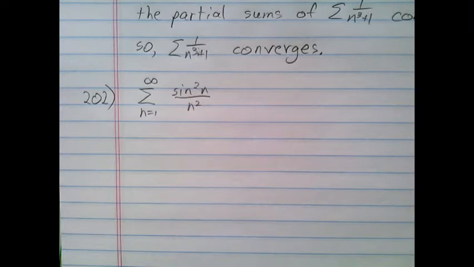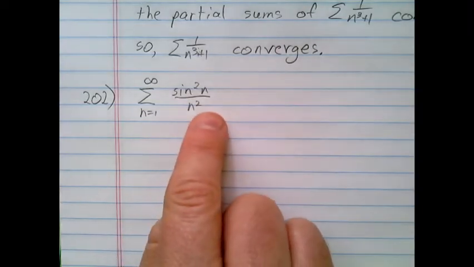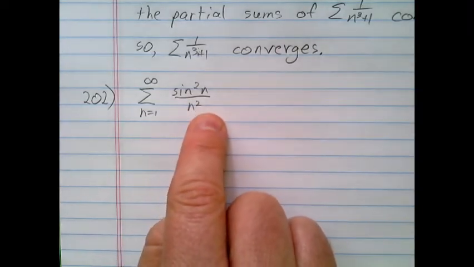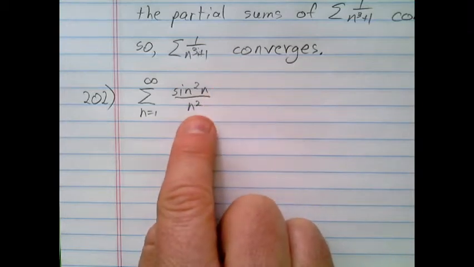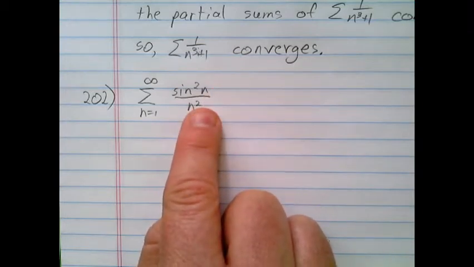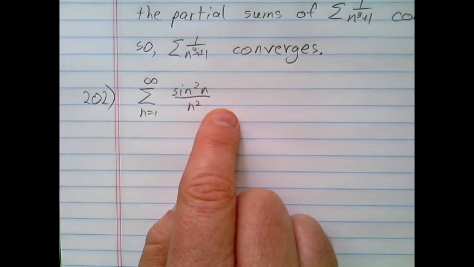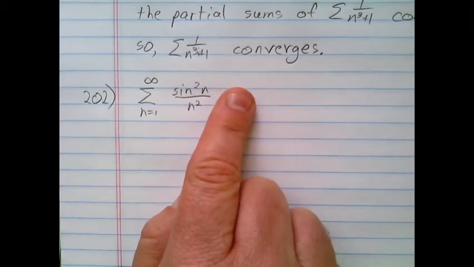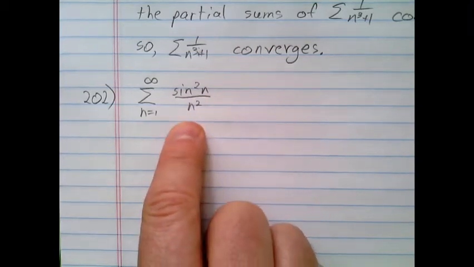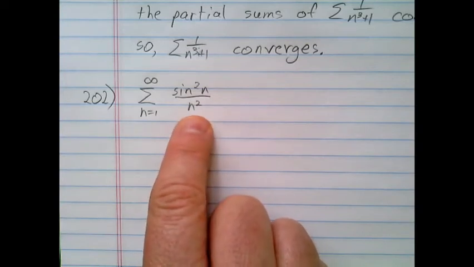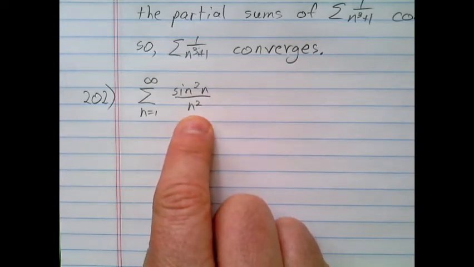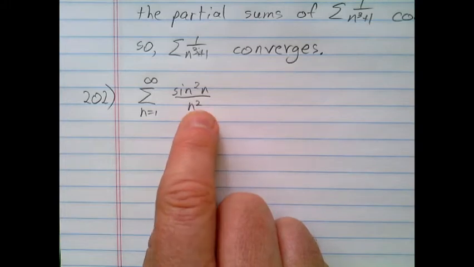The two big classes of series that we know about are p-series, which would have the form 1 over n to a power, and then also geometric series, where we would have a constant raised to a power with n in it. Now here the n's aren't in the powers, they're in the bases, so I don't think we're going to be able to make use of geometric series.